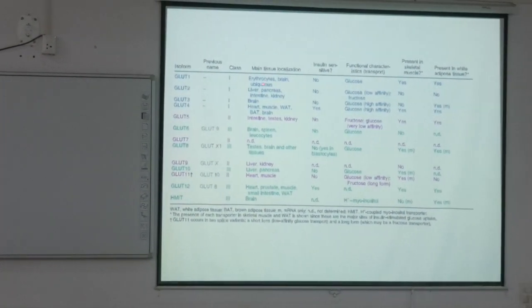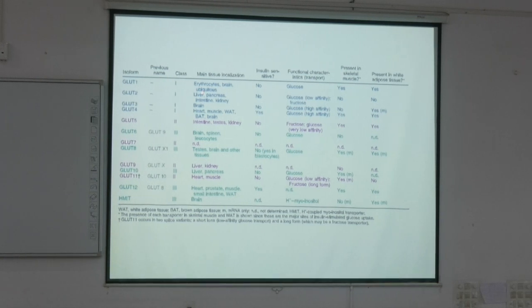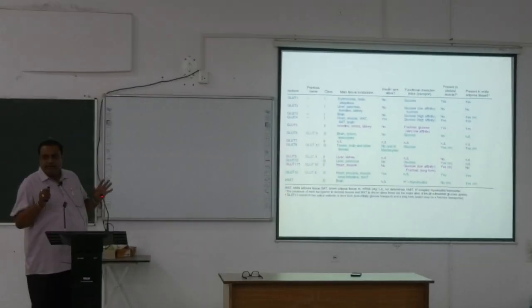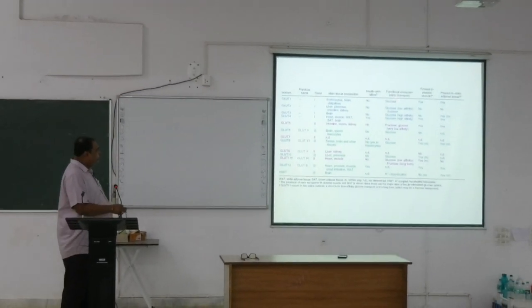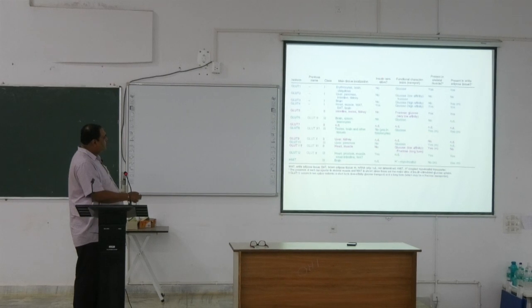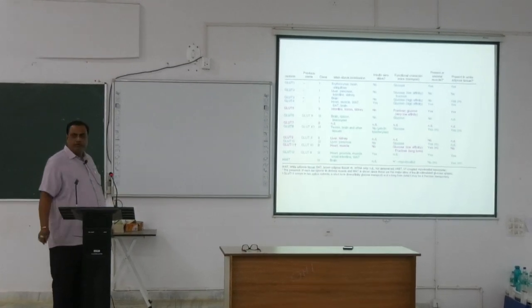Can you read anyone? Ubiquitous. What do you need to remember? The name, the tissue of localization, whether it is insulin sensitive or not, and which carbohydrate it predominantly transports. There are 4 columns.